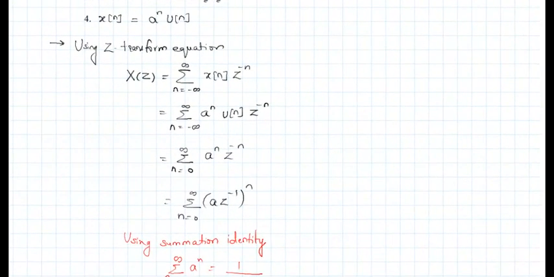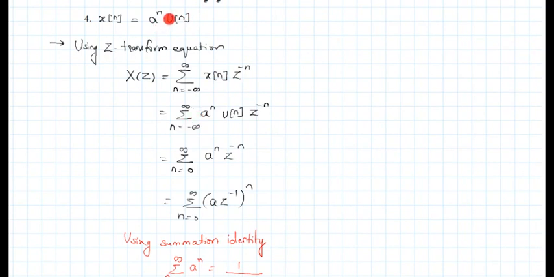Starting with the Z transform equation, let us now substitute our given x[n], which is a raised to n u[n]. u[n] here plays a crucial role in deciding the limits. We know that u[n] has magnitude 1, so it is not going to affect the magnitude of a raised to n, but u[n] definitely plays an important role in deciding the limits of the summation.